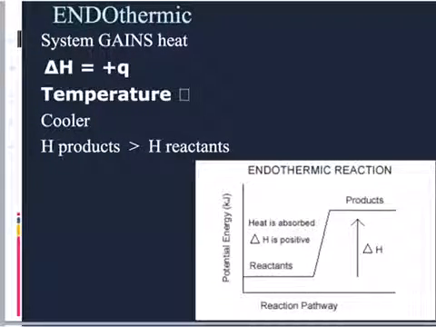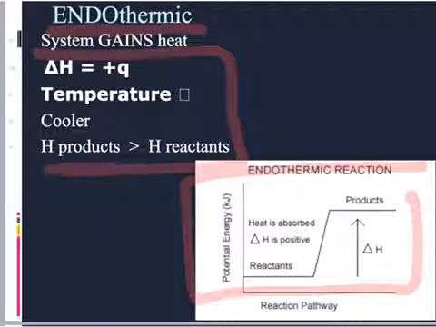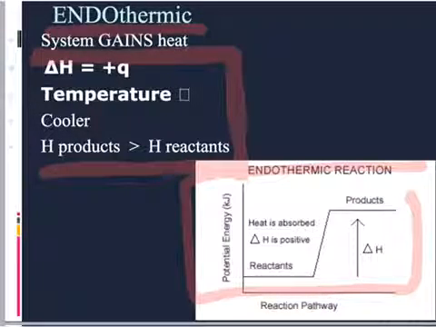So I took this out of your slides just because we've already gone over it. Again, you'll want to pause it and take a moment for yourself to review everything about an endothermic reaction that we went over. Look over the PE diagrams from our last unit.